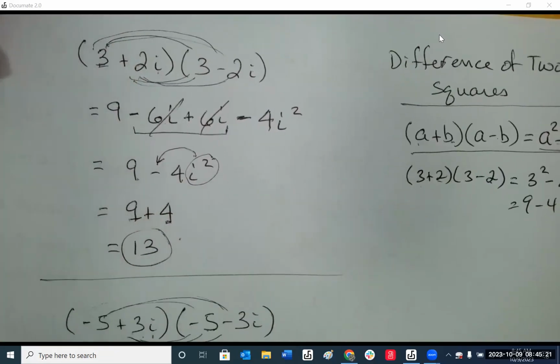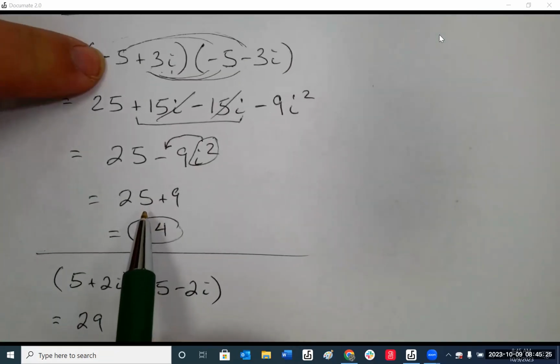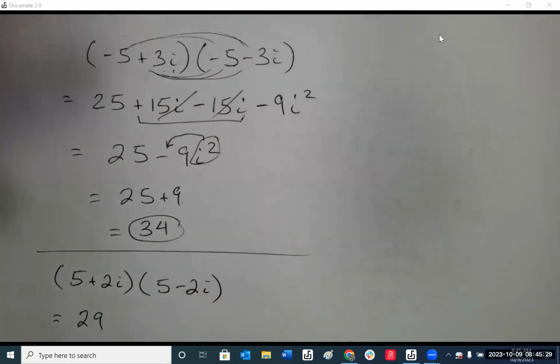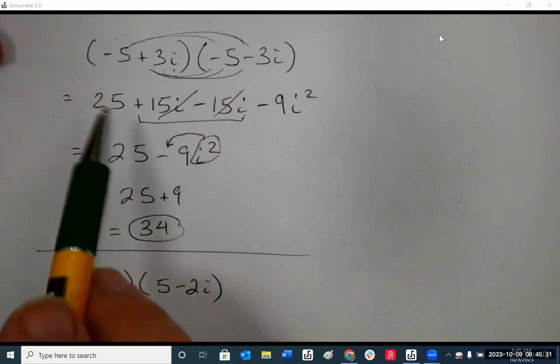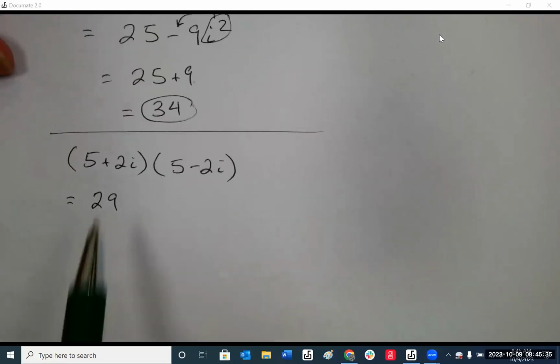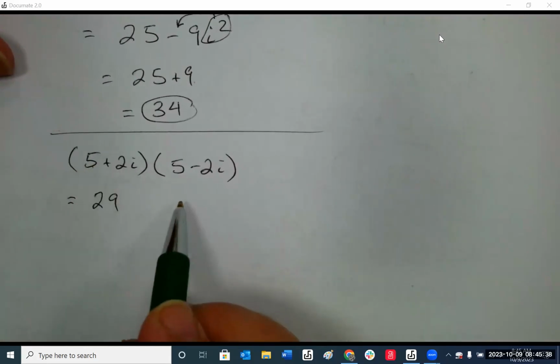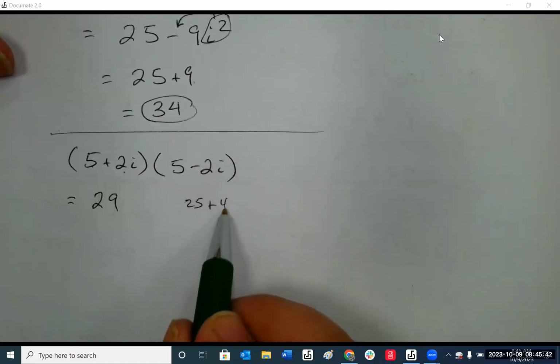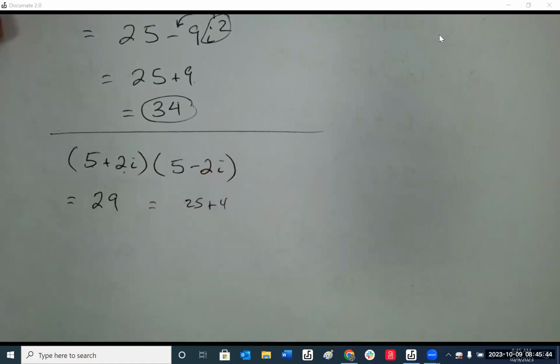Just add them together because they're imaginary. 5 times 5, 25. 3 times 3, 9. Forget the signs, because whenever you square a number, it becomes positive. 5 times 5 is 25. 2 times 2 is 4, equals 29.